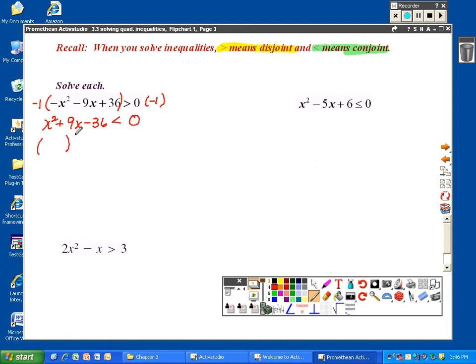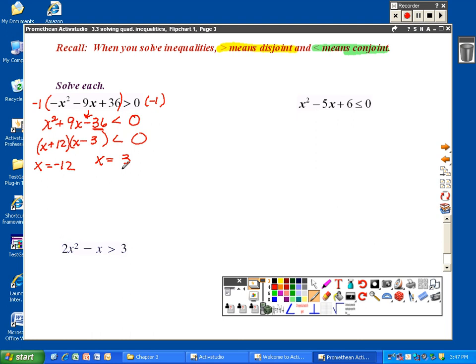Now we can factor x and x, factors of 36 that differ by 9, 12 and 3. A positive 12 will give me a positive 9, a -3. So here, x would equal -12, or x would equal 3.